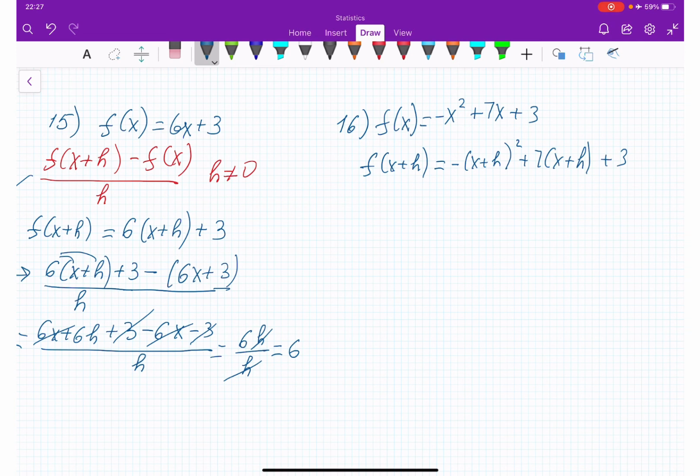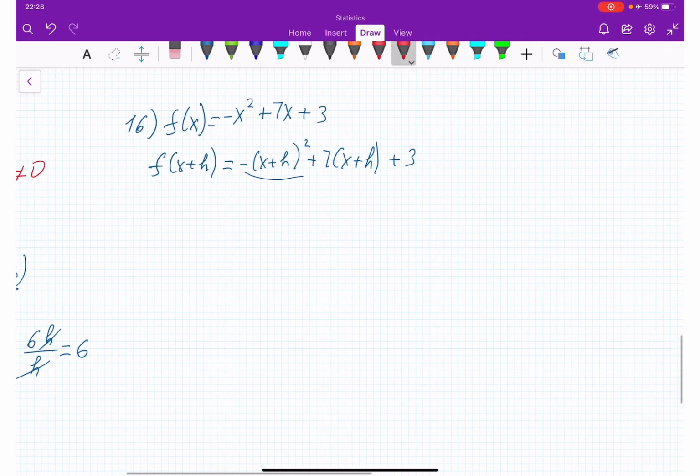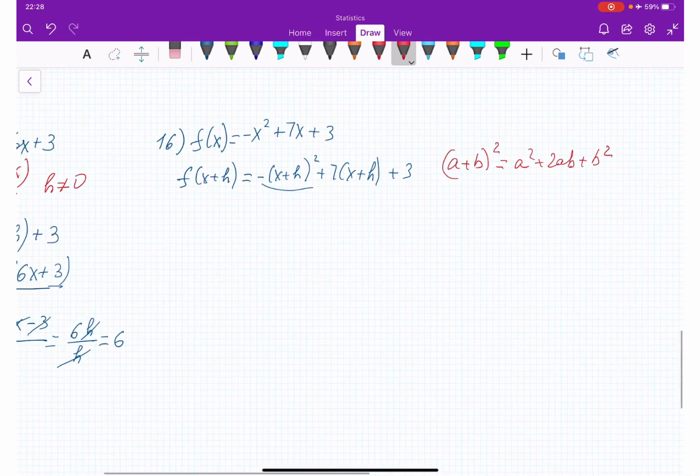All right, so I need to open this x plus h squared. I can apply a formula. There are two ways. One way is to apply the formula a plus b squared, which is going to be a squared plus 2ab plus b squared. Or you go the long way and you just multiply x plus h times x plus h. I'm going to use this formula.